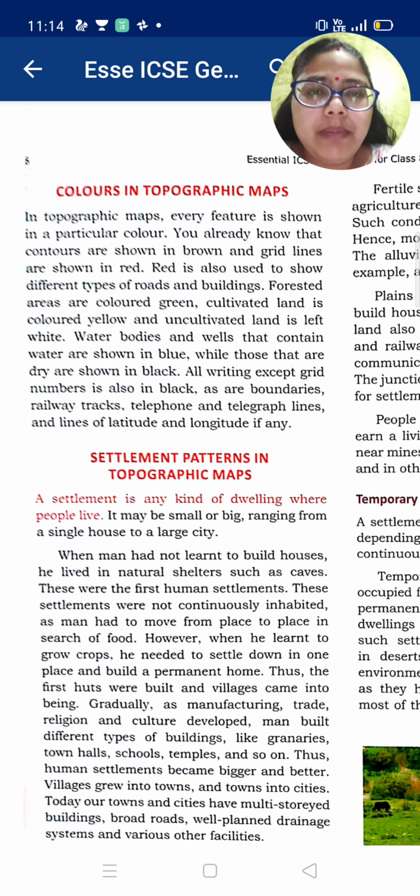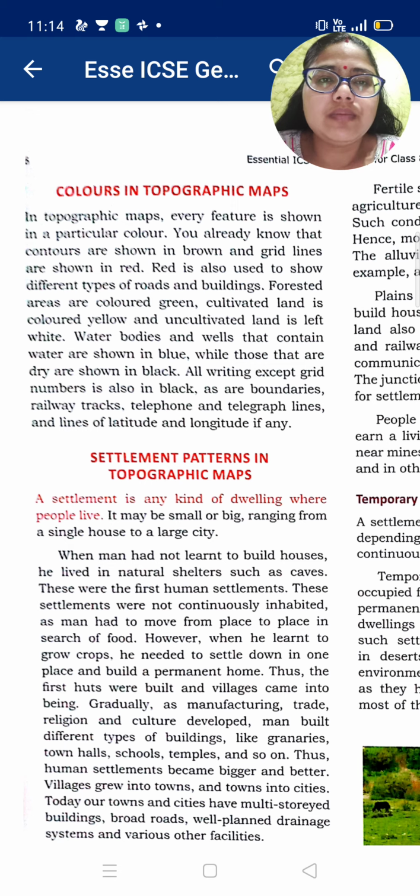In topographic maps, every feature is shown in a particular color. Okay, so as you must have known what features are, in a topographic map every feature has a color to identify it. You already know that contours are shown in brown and grid lines are shown in red.